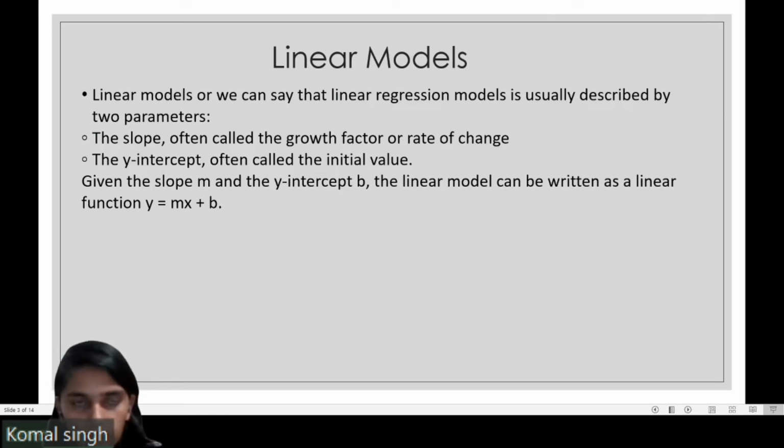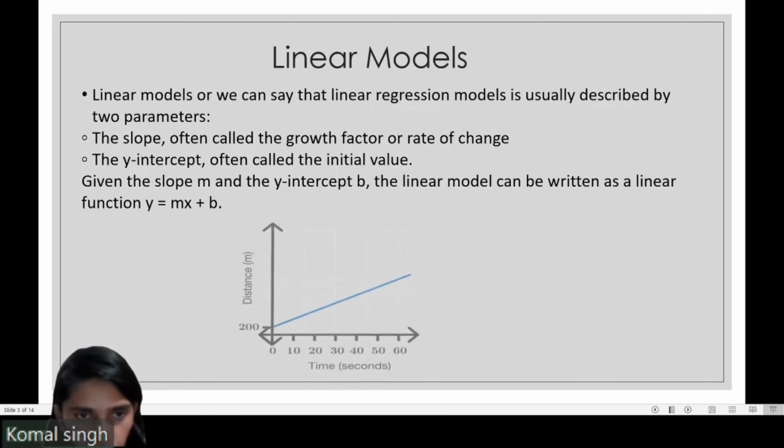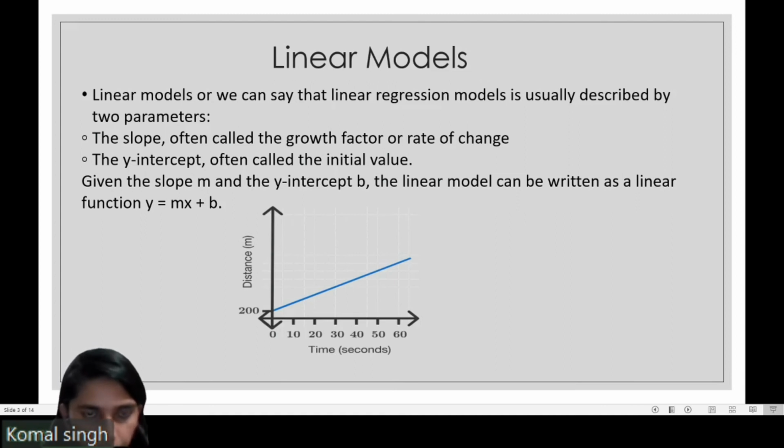Basically, I can explain this with this figure. You can see this blue line, this is a slope line. Here I told you that it is a growth factor. So we can find the growth factor by using the slope formula, and this line is used to find the position of any object.